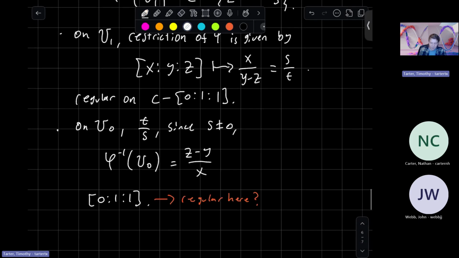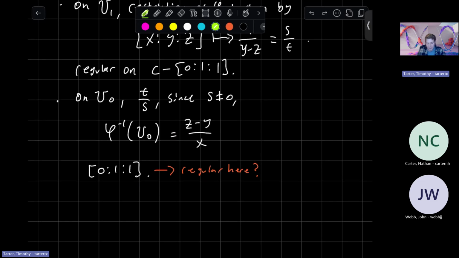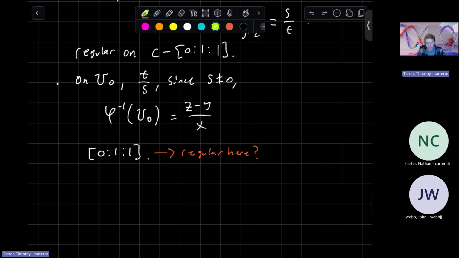Since again the whole point was to exclude this and bring this over here, and likewise here we're excluding 0, minus 1, 1.